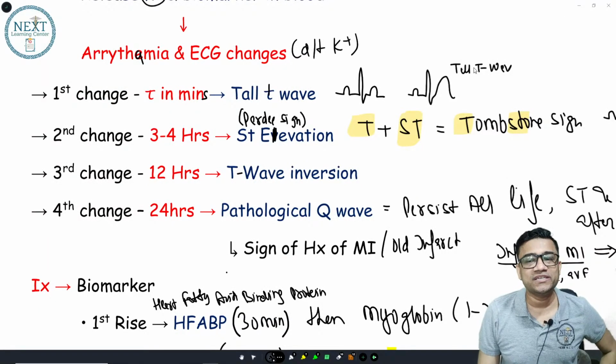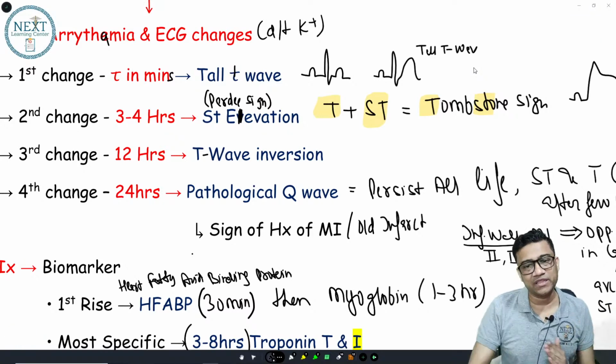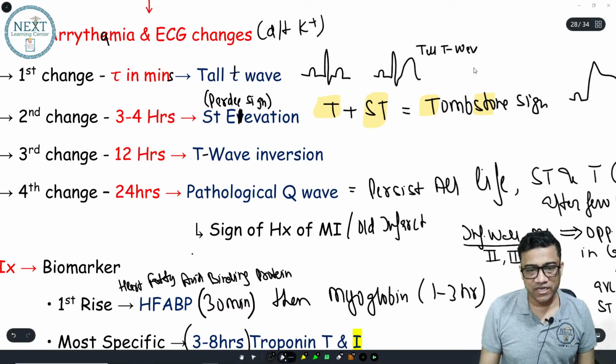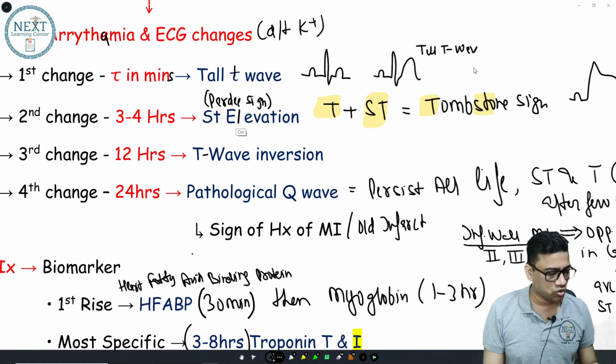Next question. What is the earliest change in the ECG? Tall T wave. Then as the T goes up, it brings the ST also. So there is ST elevation. This ST elevation is called as what?